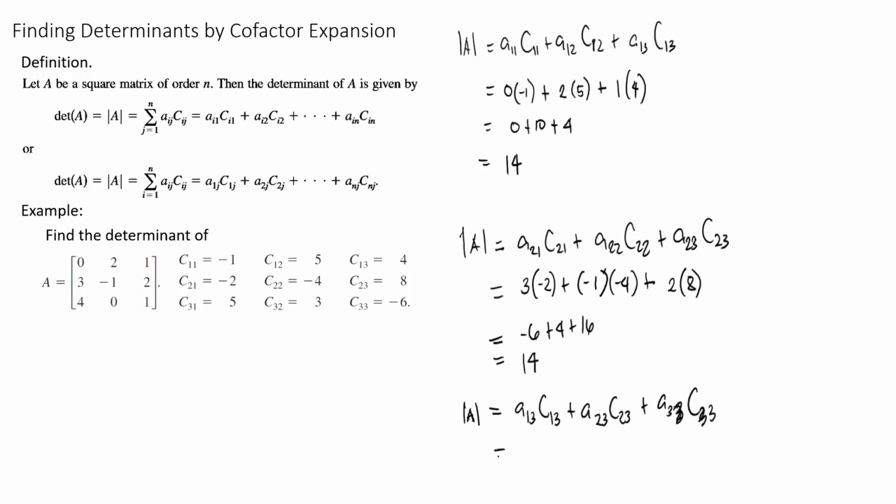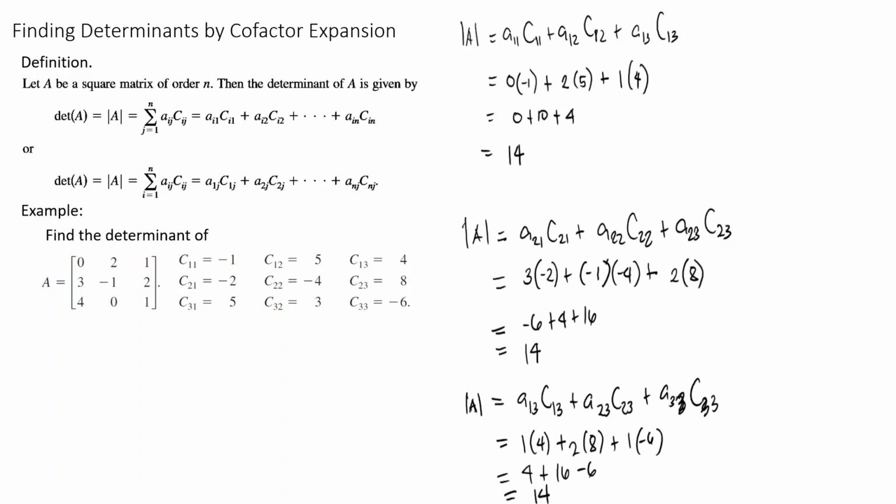So this is equal to 1 times 4 plus 2 times 8 plus 1 times negative 6. So this is 4 plus 16 minus 6, which is equal to 14.